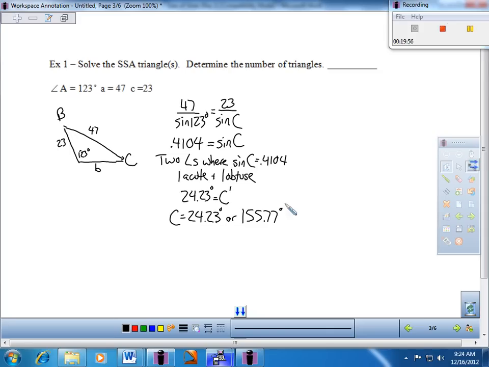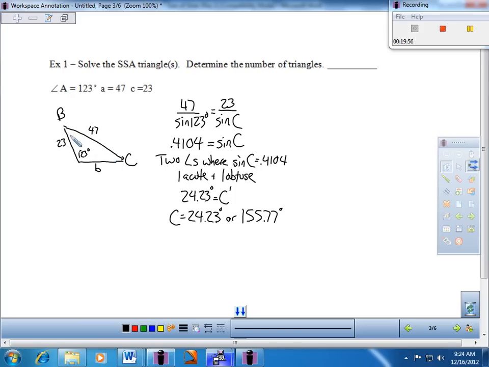Now guys, let's pause and breathe for a moment, and let's look at our triangle. If angle C, everybody, take a look at this piece. If angle C is 24.23 degrees, is everyone okay with the fact that now I have two angles and could probably find the third angle and go from there? Hopefully.